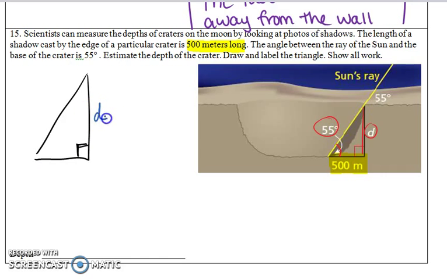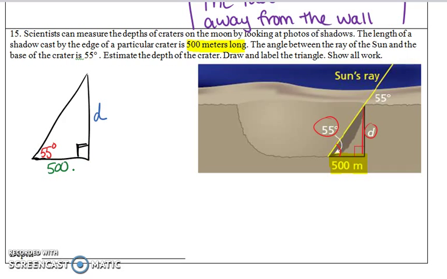We've got the depth of the crater here. We have our 55-degree angle with the ray of the sun and the base of the crater located right here. And we also know that the shadow is 500 meters long here.